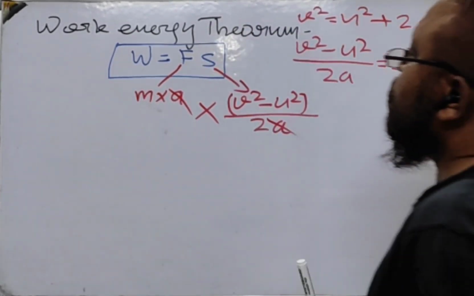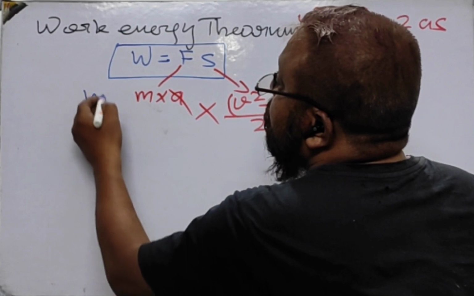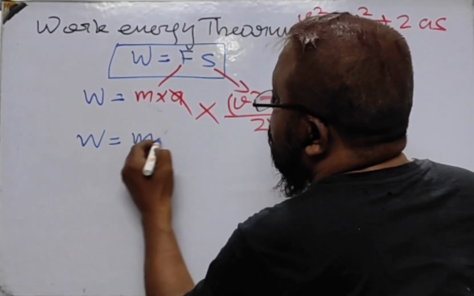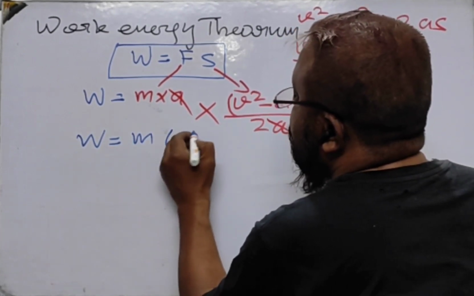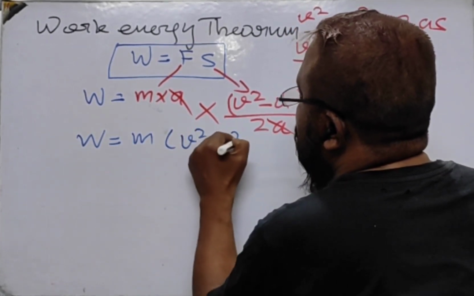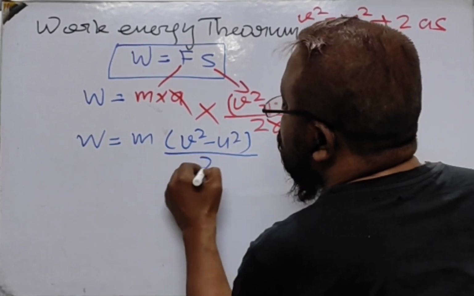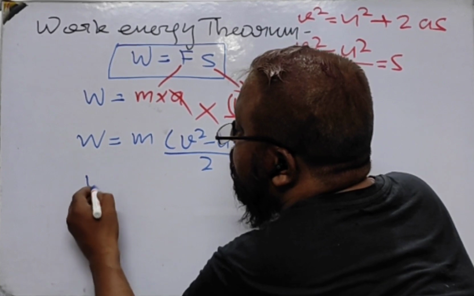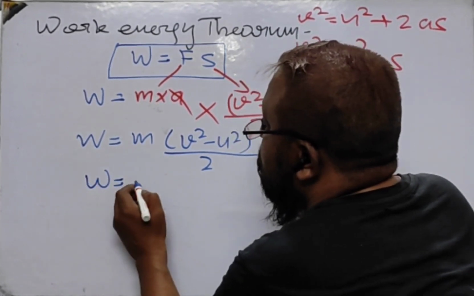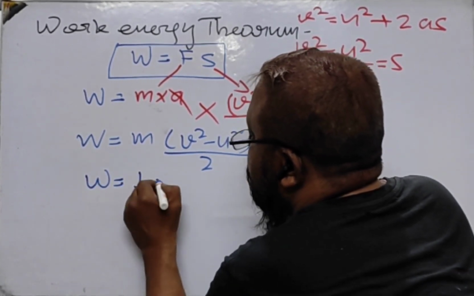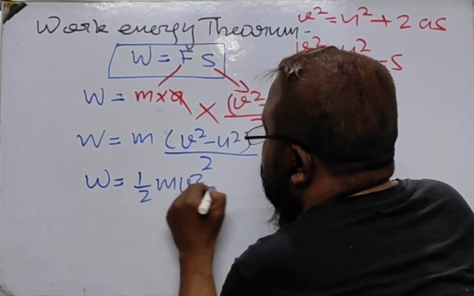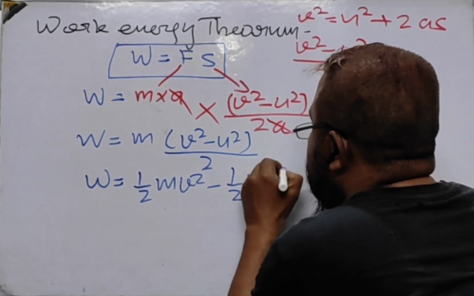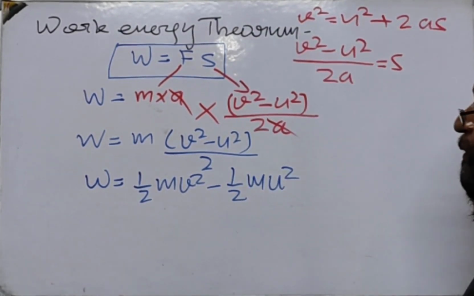Then you have this equal to W. So W is equal to m times (v square minus u square) upon 2, right? So we can write W is equal to half m v square minus half m u square, right?